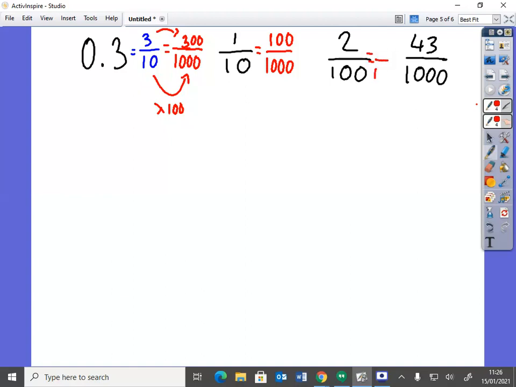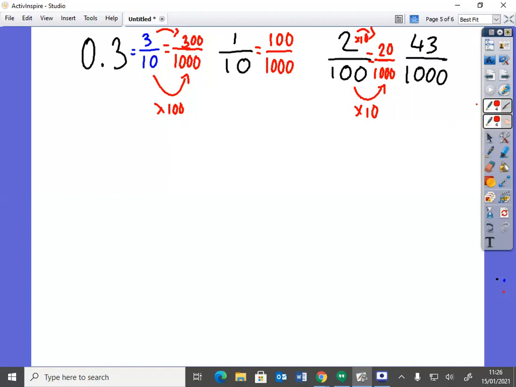This time, what have I done to the denominator? This time I've just multiplied by 10, so I must do the same for the numerator. 2 times 10 is 20. Okay, so now all of my fractions are expressed with a denominator of 1,000. So what I need to do now is put them in order.